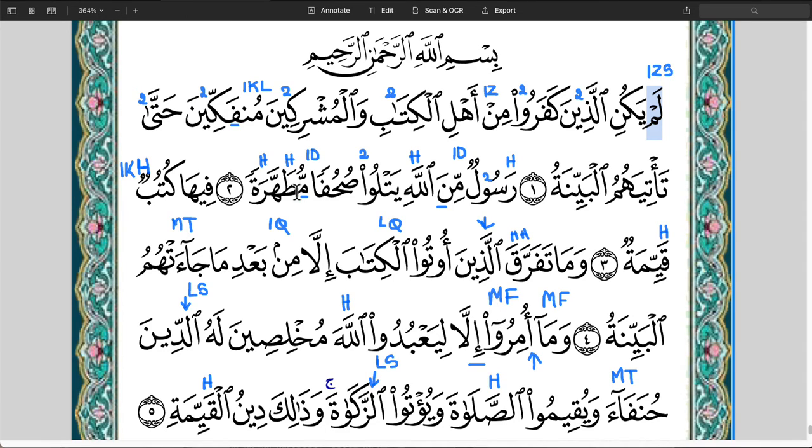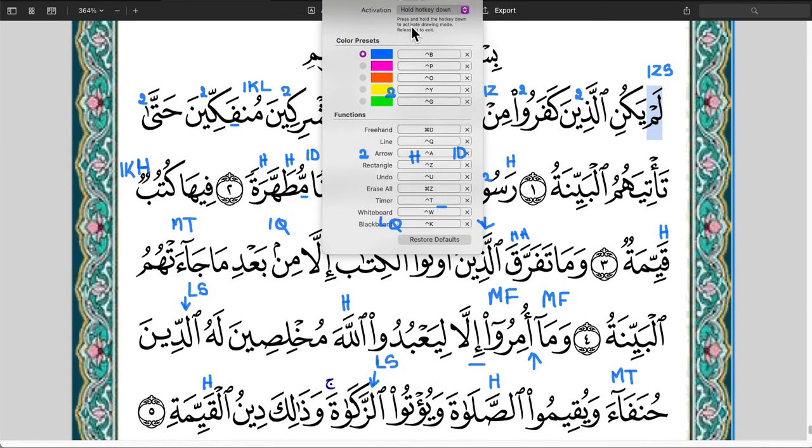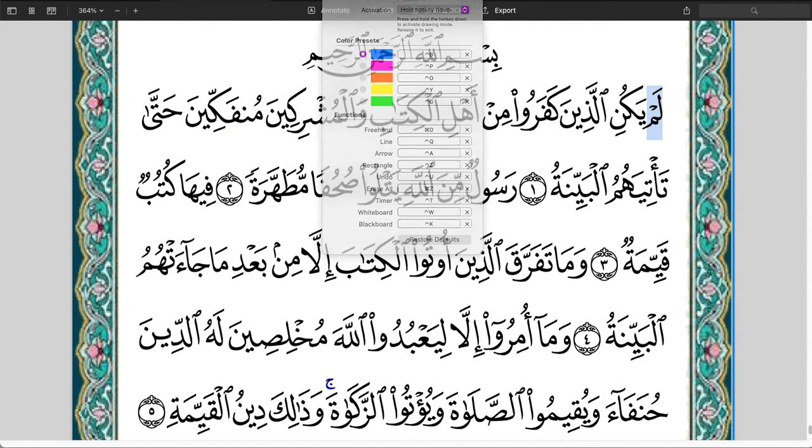Much of the rule of mim, the mim shafawi. So we need another surah for this one. I have to erase. Let me remember how to erase it. Okay, I forgot how to do that. One second. The eraser is Z. Okay, Z, that's it.